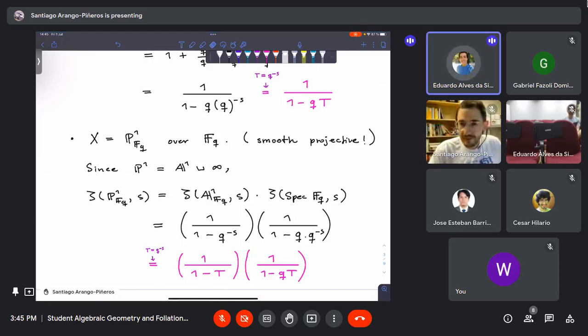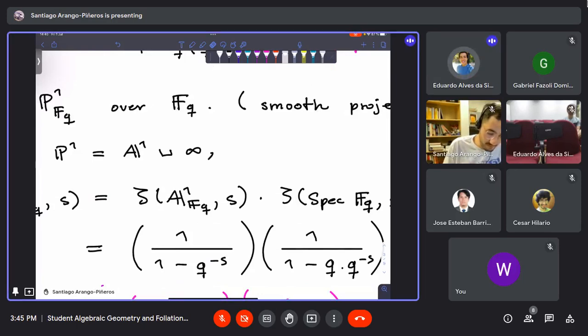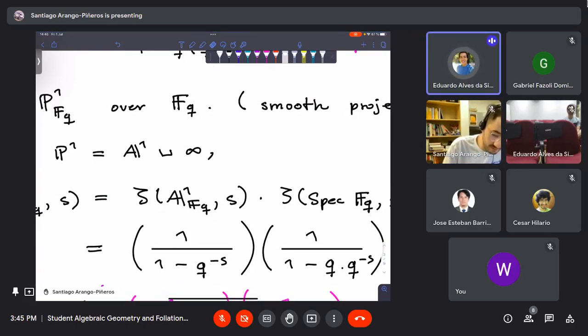Just a question. This Spec of F_q, you are identifying it with the infinite point, right? Because I haven't seen this association of P1 as the union of Spec of the polynomial ring in one variable and Spec of F_q. Yes.